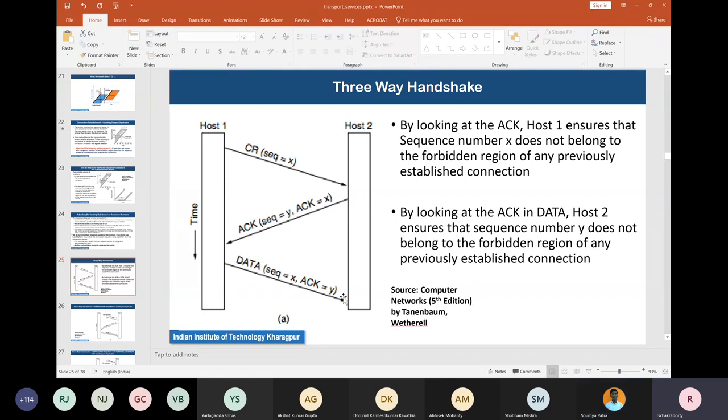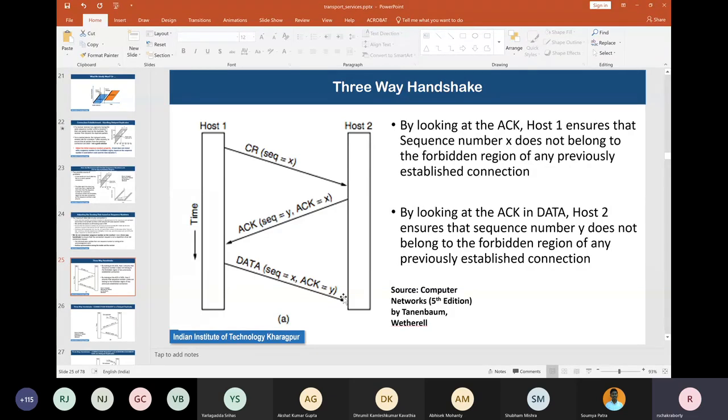Okay. So we have seen that starting sequence number selection for a transport layer connection is tricky business, because first of all, it makes it possible that the receiver would get old packets repeatedly.